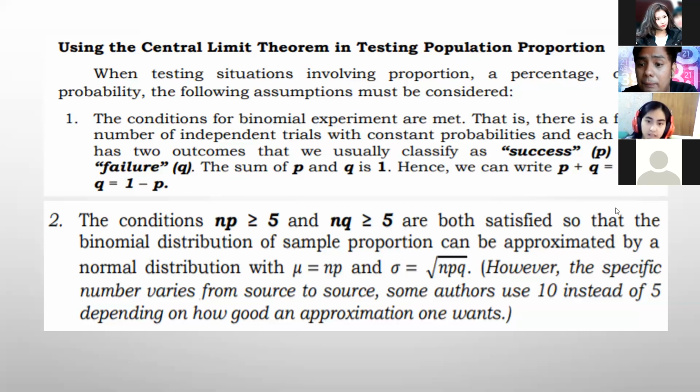Tandaan natin na kapag in-add natin ang P at saka ang Q, that will equal to 1. Bakit po 1? Kasi yung P is a proportion. Kunyari po ang proportion natin ay 40%. Kung ang may cellphone ay 40%, ilan ang walang cellphone?